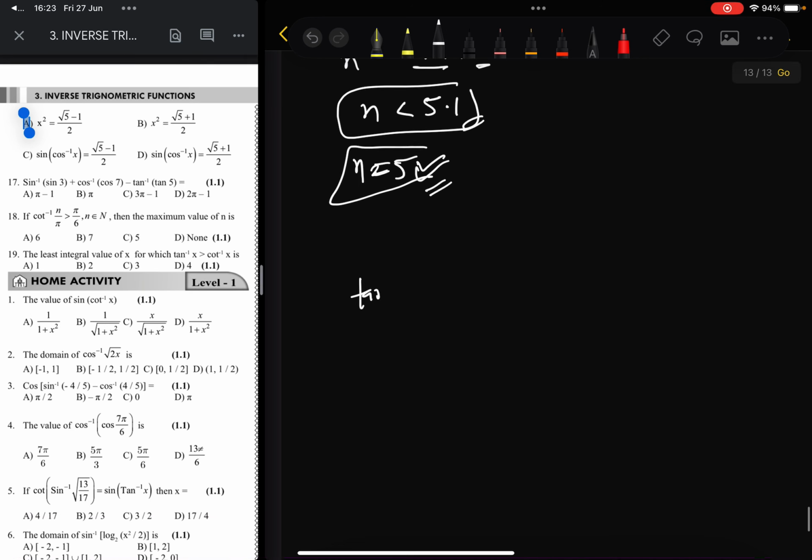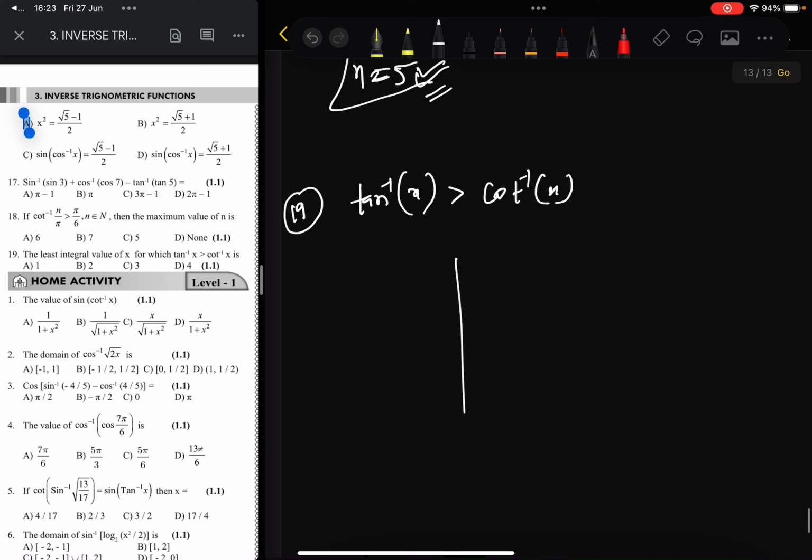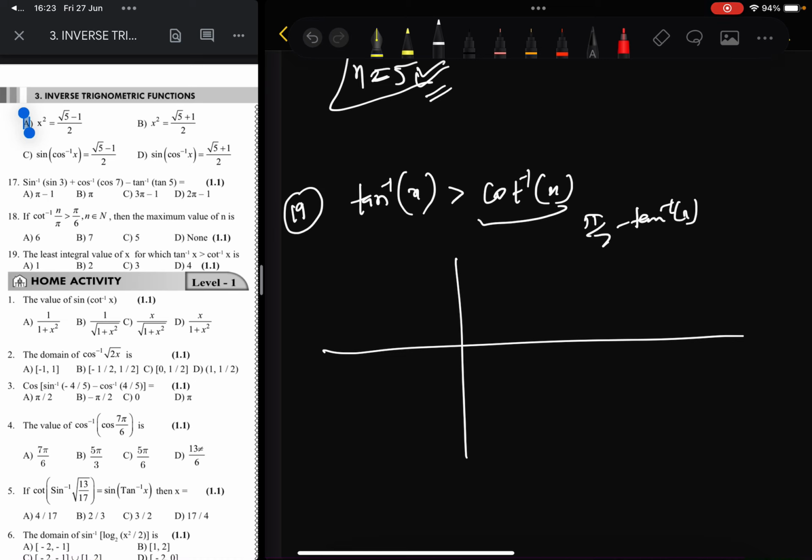So next question is tan inverse x is greater than cot inverse x. Question number 19. You can solve this using a graph also, and you can convert this cot inverse x to pi by 2 minus tan inverse x also. Two methods are there. Suppose I am using the graph. This is the cot inverse x graph, and the tan inverse x graph you draw like this.